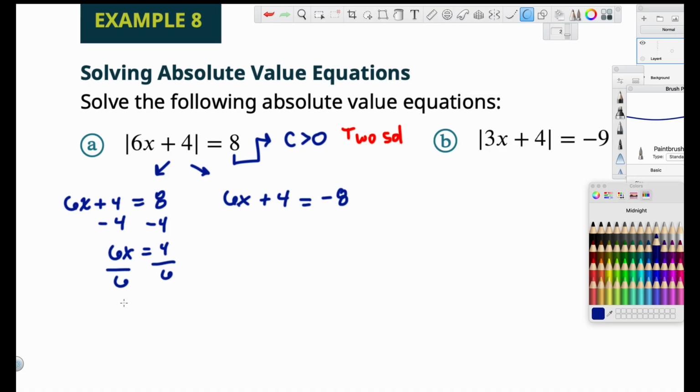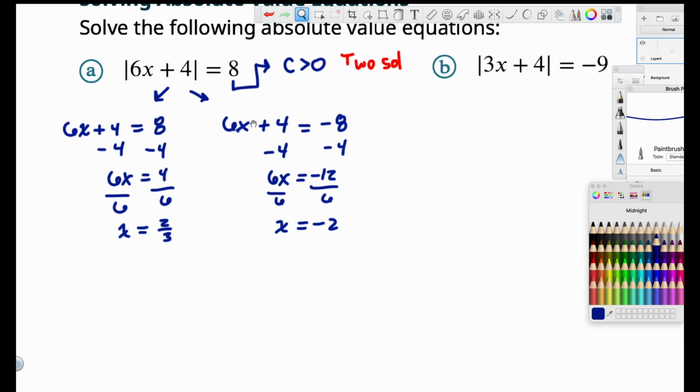Divide by 6, x equals 2/3. Let's subtract 4 on this second equation. So I have these 2 solutions.